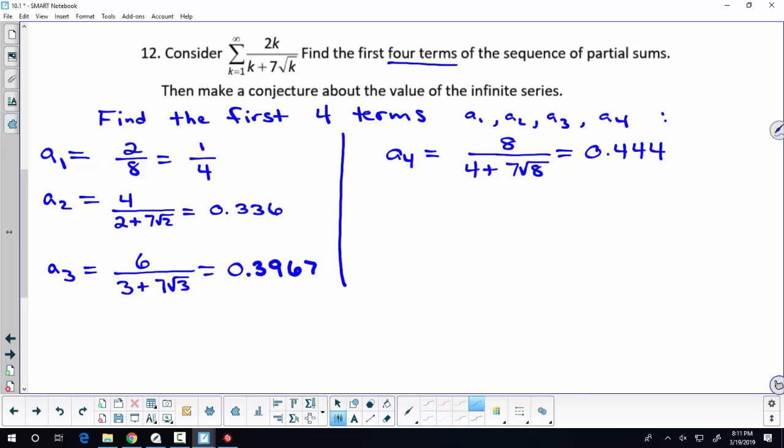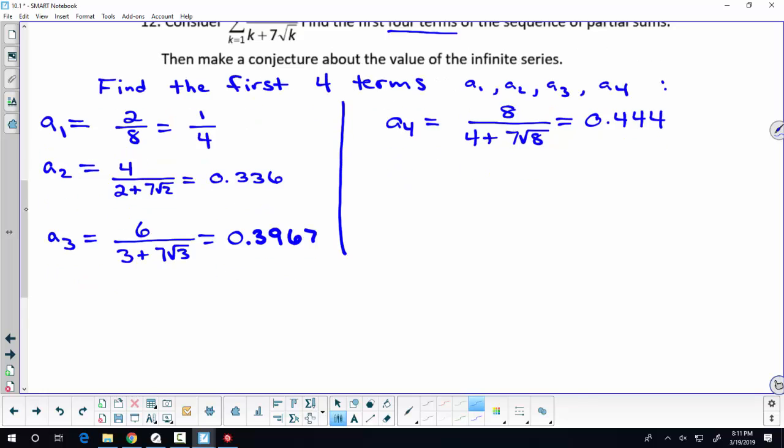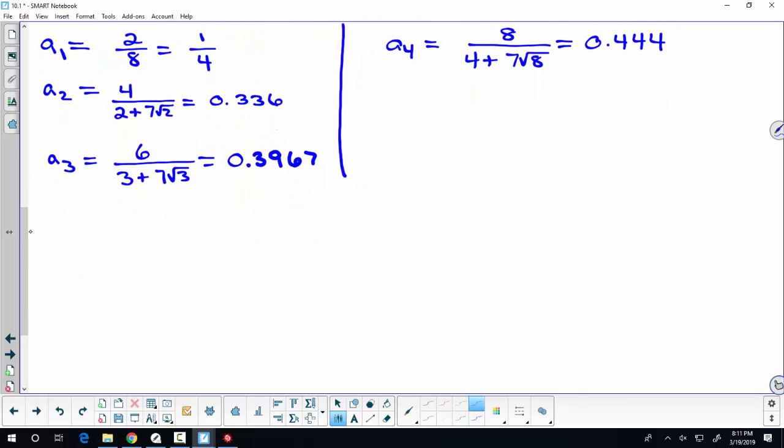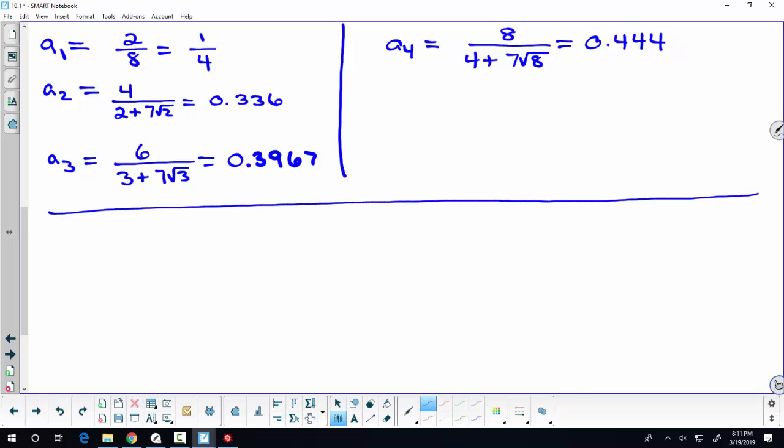All right, so now that we have the first 4 terms, we can look at the first 4 partial sums. Our first partial sum is just the first term, so it's just 1/4. Second partial sum is 1/4 plus 0.336.